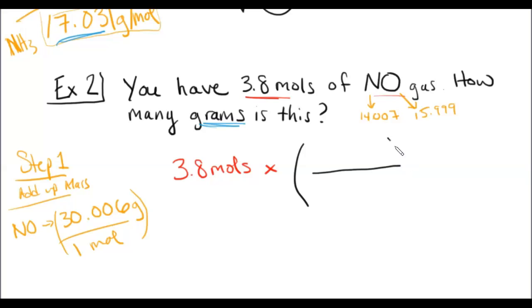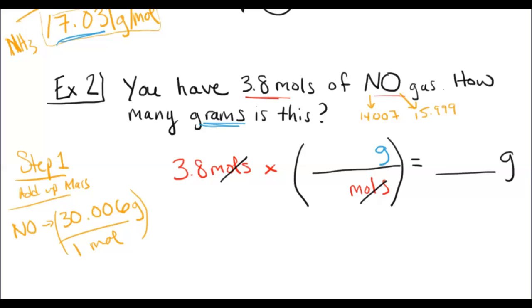Remember, the thing that we want is going to go in the top, so that's grams. And the thing that we want to get rid of, moles, goes in the bottom. Why? Because they're going to cancel out, and ultimately we're going to get grams as our answer.